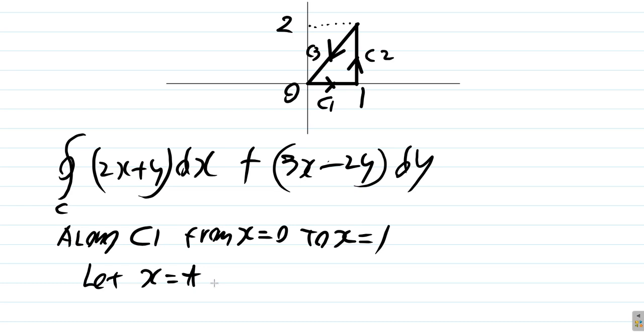You wouldn't have to use the parameter, you know. For practice, you could do it again, and let x equal whatever it is that you want to equate it to. X would be equal to just x itself, and y would be 0 in this case, because you're moving along the x-axis when you go along C1.